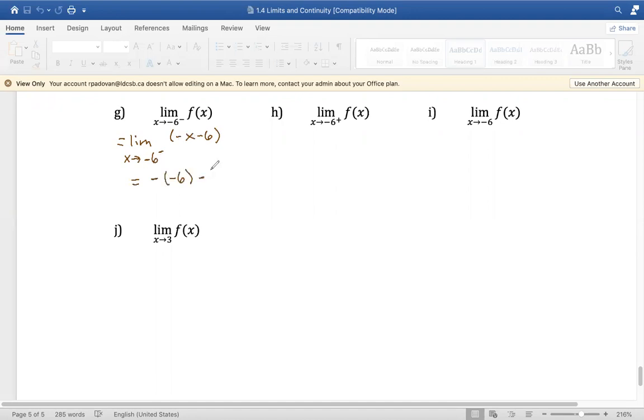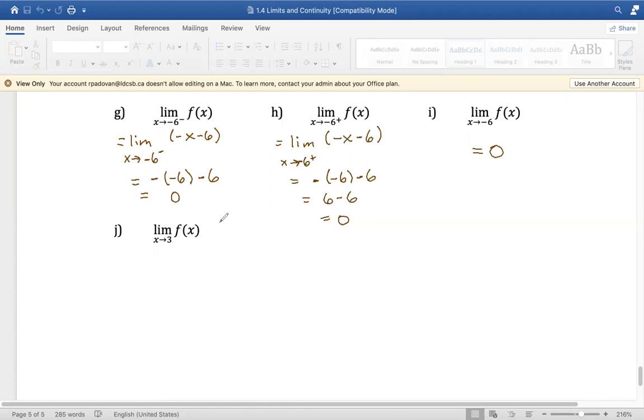So again, be careful with that double negative. So I have positive 6, take away 6, and that would be 0. On the right-hand side, my limit as x is approaching negative 6 from the right-hand side is using the same equation, negative x minus 6. I should have written a negative sign there, sorry. Negative 6 from the right. Negative of negative 6 is positive 6, minus 6, and I get 0 as well. So the limit as x is approaching negative 6 overall exists and is 0.